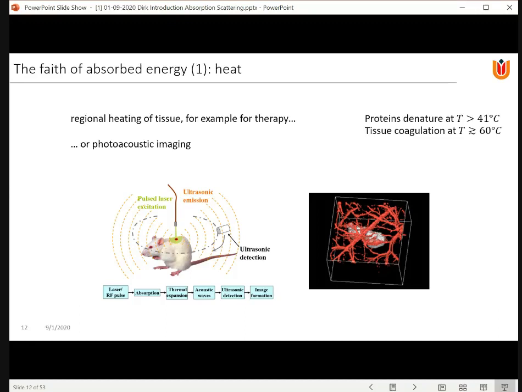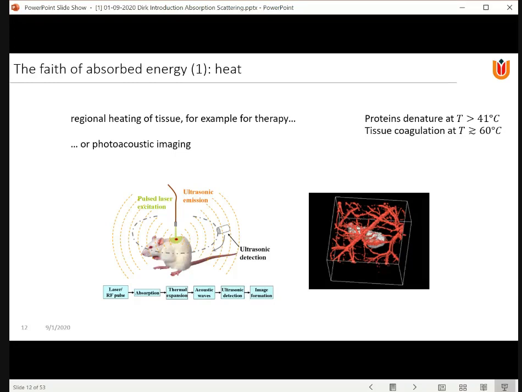This is a nice technique that makes use of this absorption. It's called photoacoustic imaging or photoacoustic tomography, and the idea is that you use a pulsed laser to shoot light very locally at a piece of tissue.